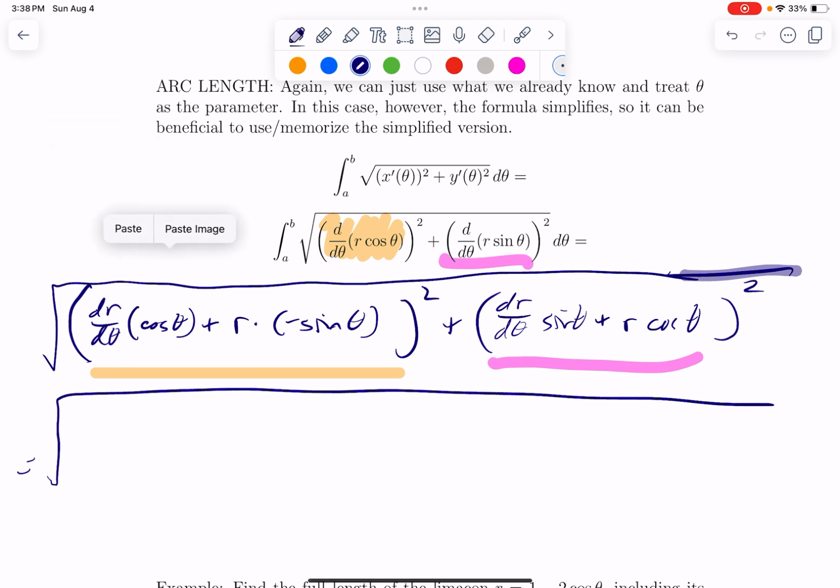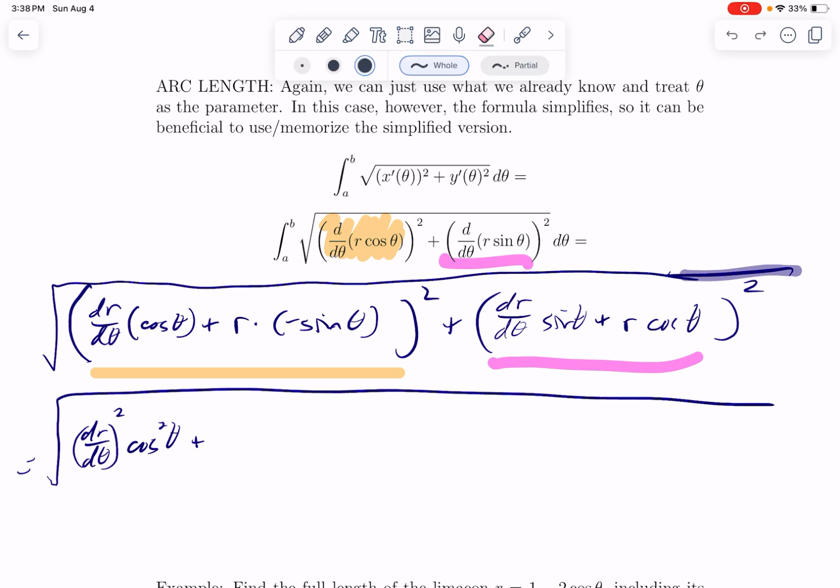If I FOIL this out, when I square the first one, I get dr d theta squared times cosine squared theta. My middle term would be, oh, there's a negative in there. So my middle term would be 2 times the product, but there's a minus. So minus 2 times dr d theta times cosine theta times r times sine theta.